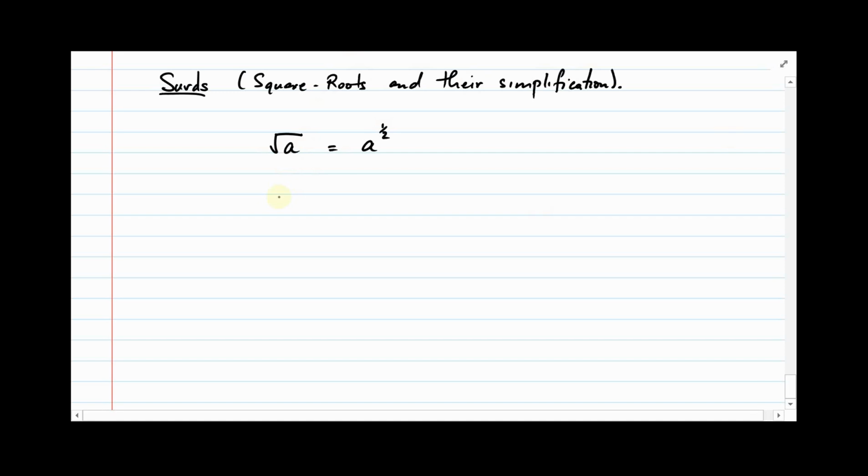And what does that really mean? If I said, what is the square root of 25? All of you would tell me 5. Let's look at how we got this. Suppose I put this to the 1/2 power. This is 25, but 25 is 5 squared.